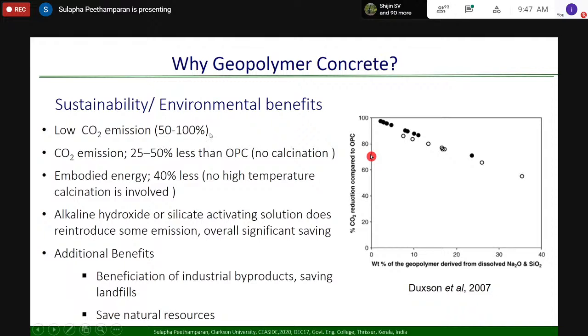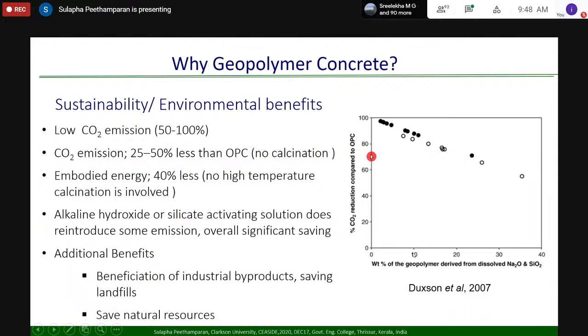Why 50 to 100% only? The alkali solution, like the sodium silicate or sodium hydroxide that we use to produce this, is not completely green. It will produce a little bit of CO2. This graph shows how much CO2 you can save.